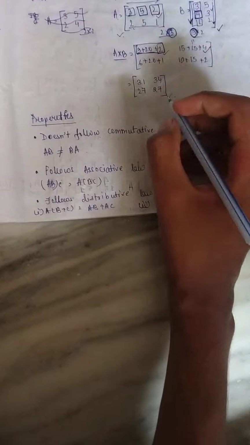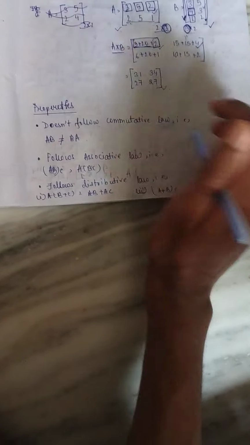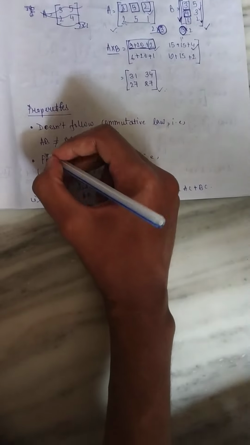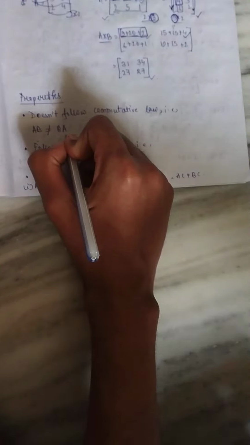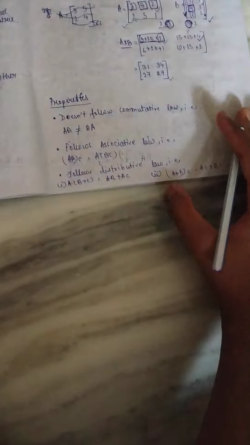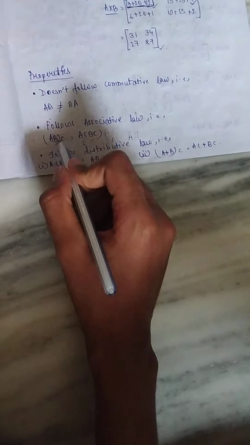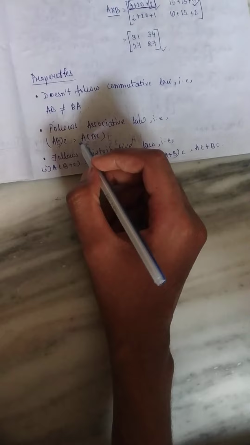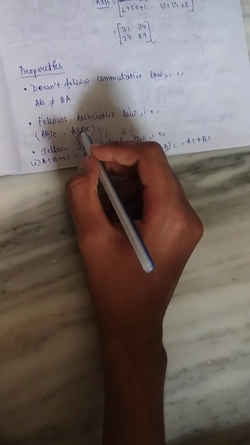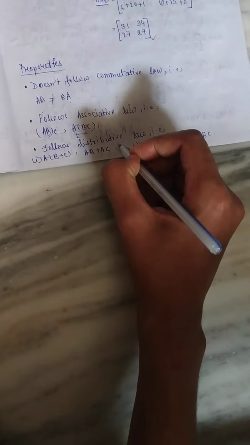And when we come to the properties, multiplication of matrices does not follow commutative law. Means we cannot write AB is equal to BA. It is not possible. It follows associative law. Means we can write A into (B into C) is equal to (A into B) into C. It follows distributive law.